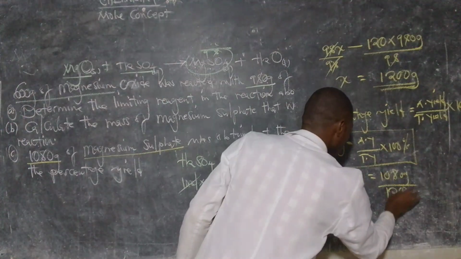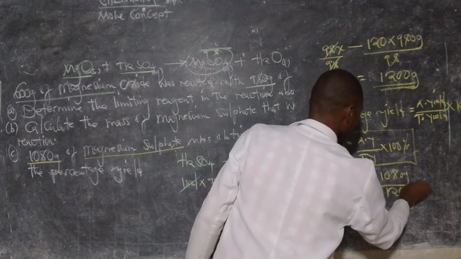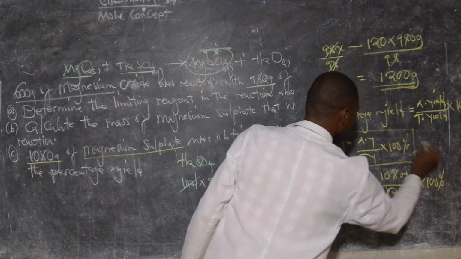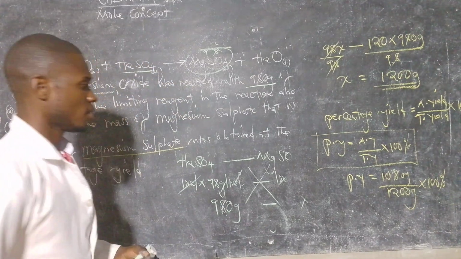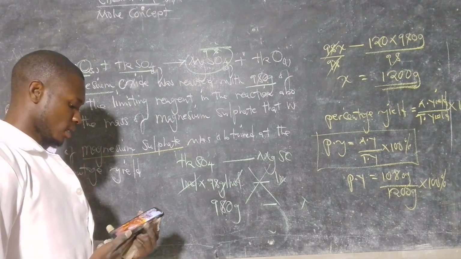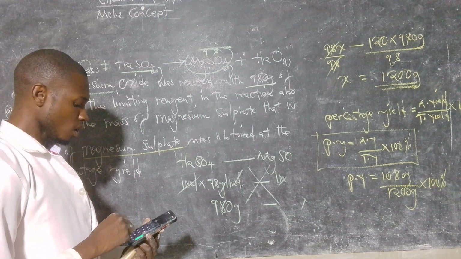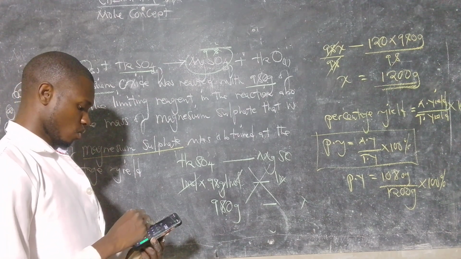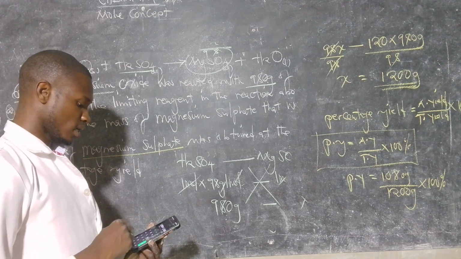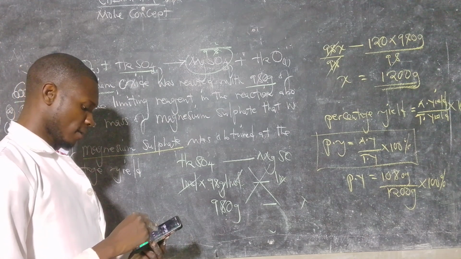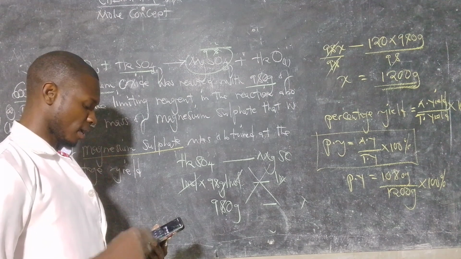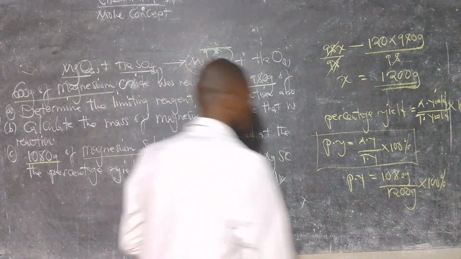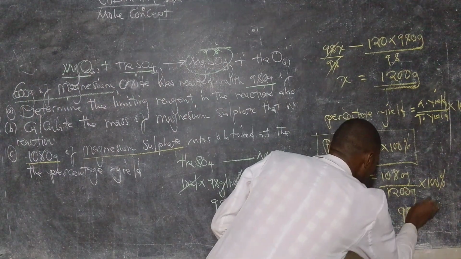So 1,200 grams, then multiplied by 100%. So when we do the mathematics there, I say 1,080, then we divide by 1,200, then we multiply by 100, and we are getting 90%.